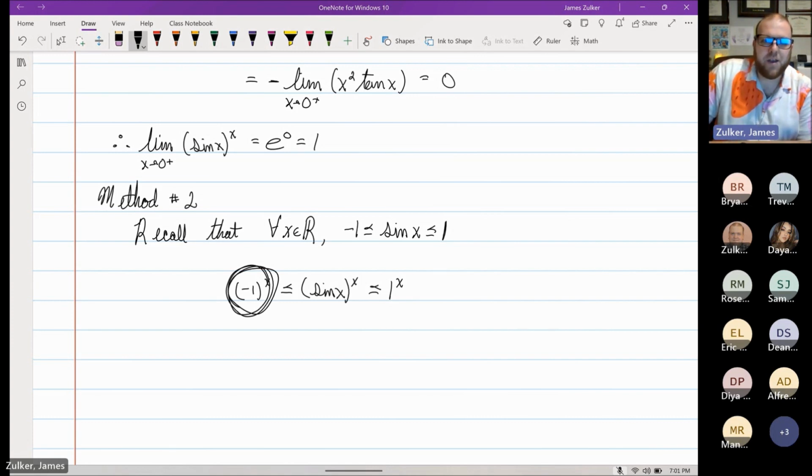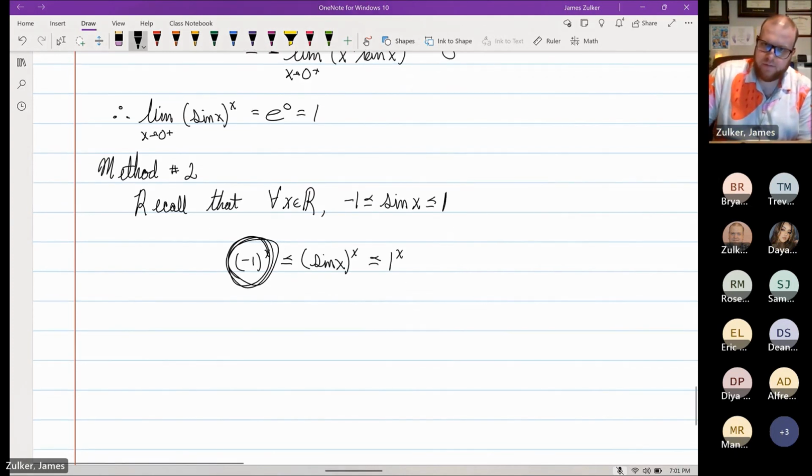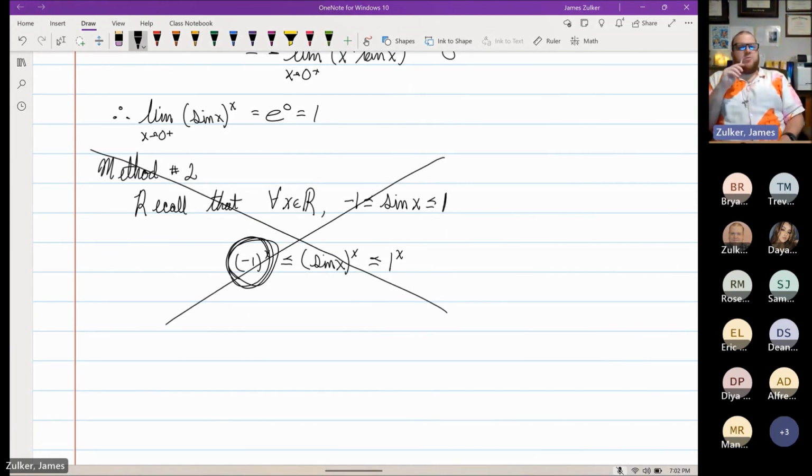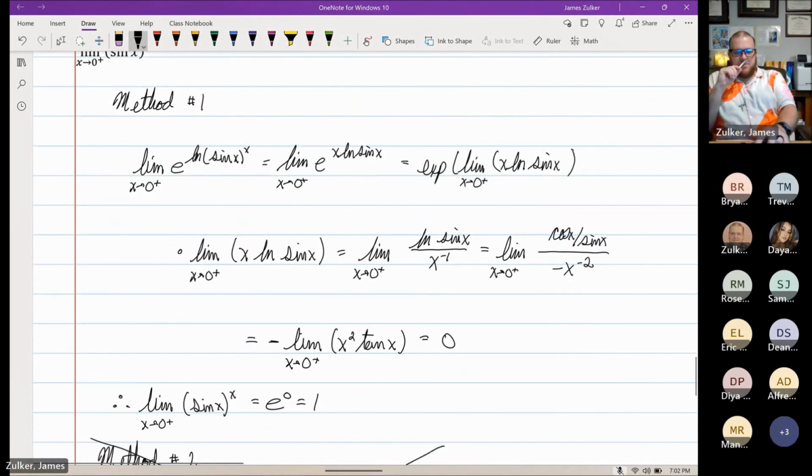So I had to do it the first way, because that's not true for all x. For instance, I can easily come up with an x where that's not true. x is a half: -1 to the half is not defined in the real plane. So there's only one way to do this. It was this method here.